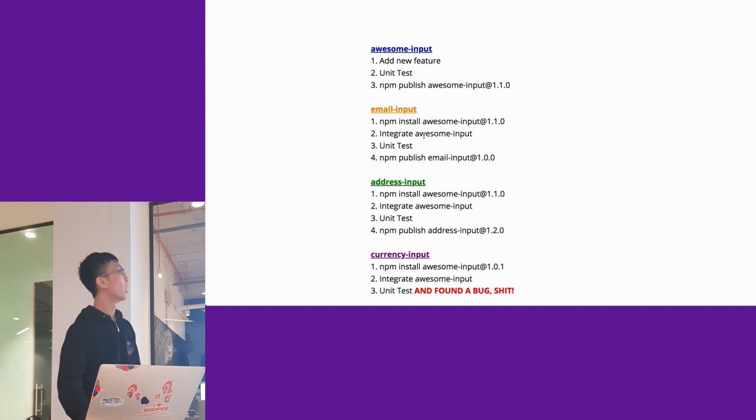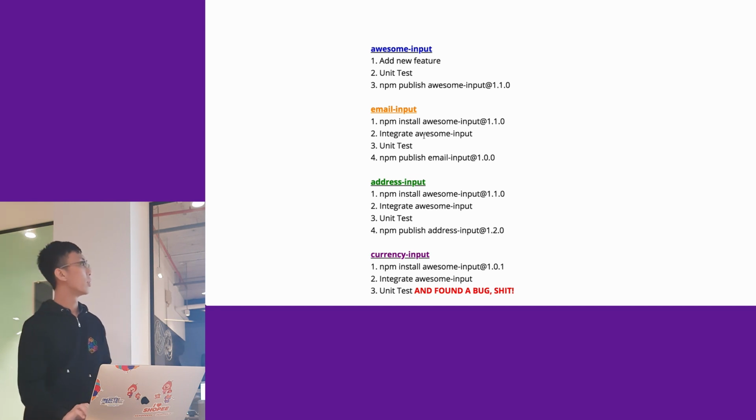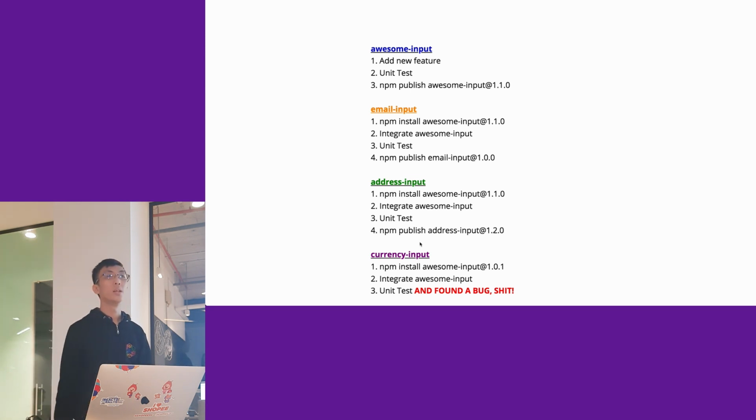Looks good. In the newer email input, he will go and install the latest version, integrate, unit test, publish, good. Address input does the same. But then in currency input, he found that there's a bug in it.